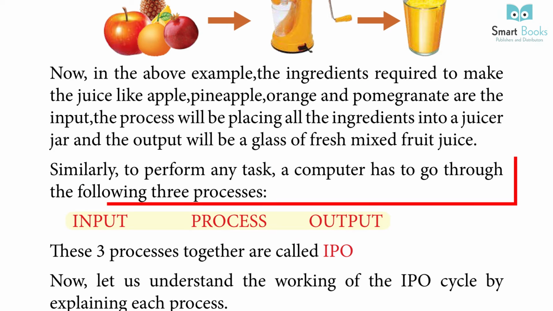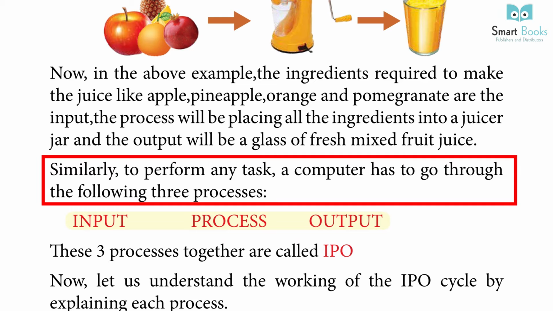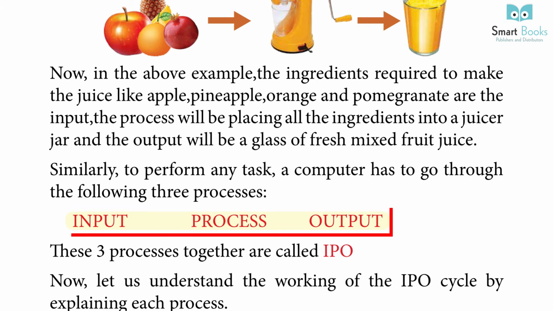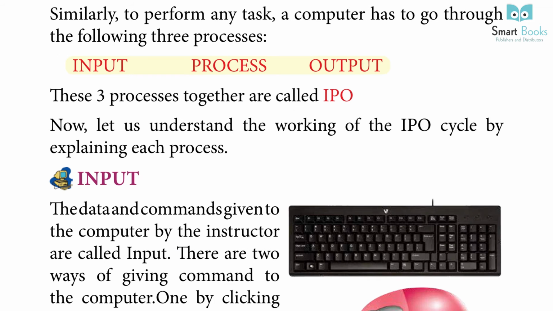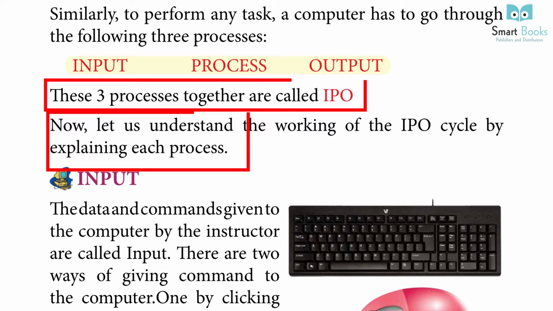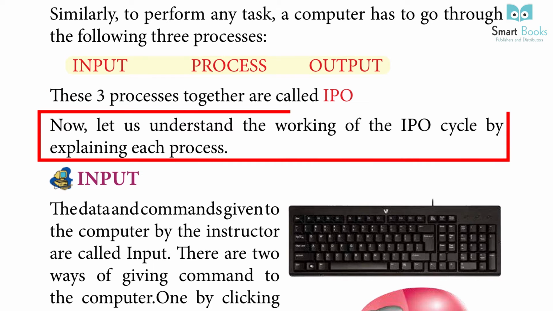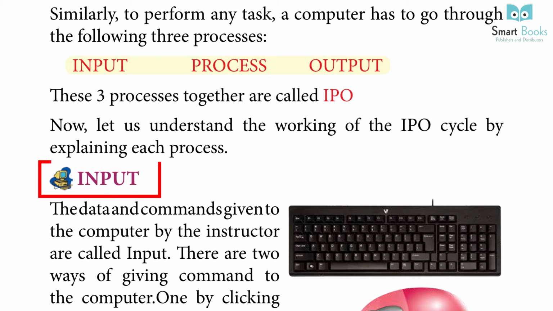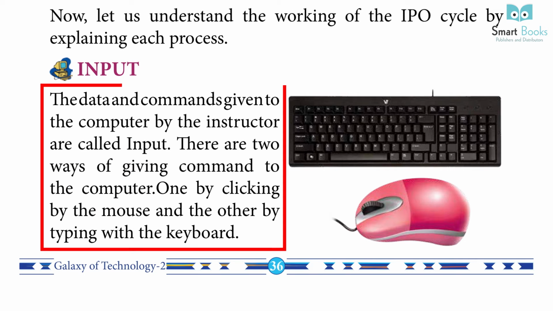Similarly, to perform any task, a computer has to go through the following three processes: input, process, output. These three processes together are called IPO. Now let us understand the working of the IPO cycle by explaining each process. Input: the data and commands given to the computer by the instructor are called input.